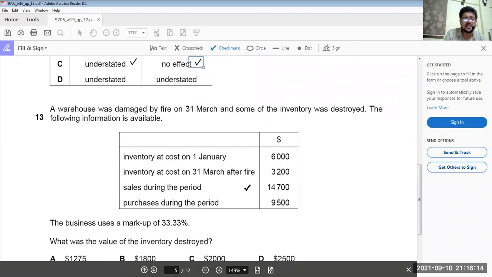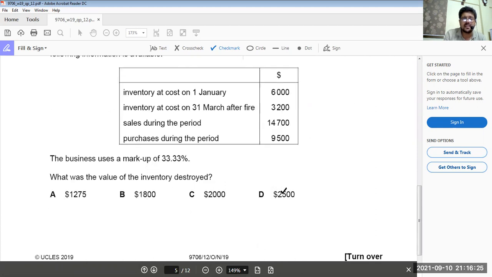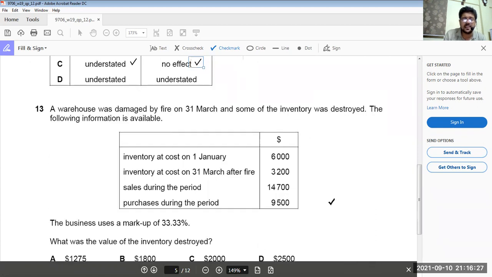Okay, now 13. A warehouse was damaged by fire on 31st March and some of the inventory was destroyed. The following information is available. Inventory at cost on 1st January, purchases during the period, and the business uses a markup of 33.33%. No, C. Sales is 14,700.